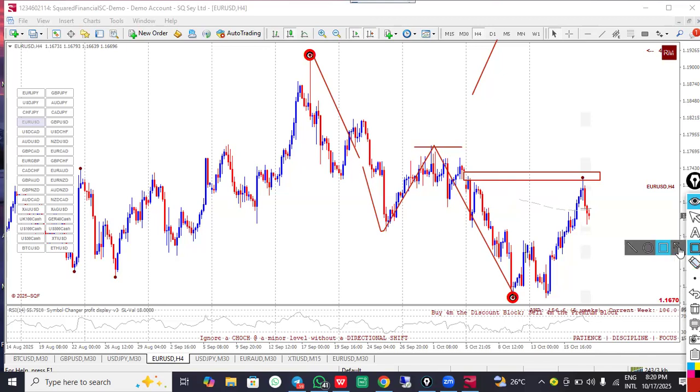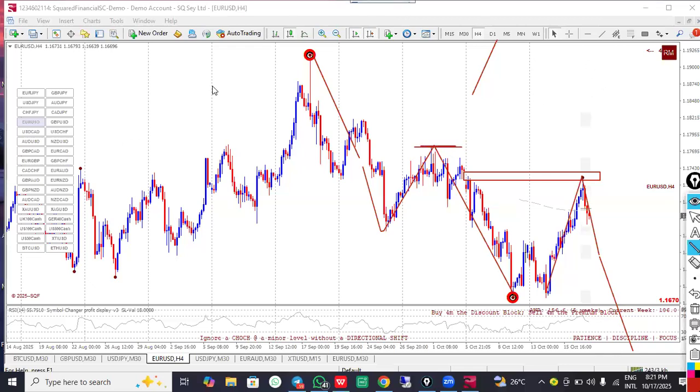So this was the main reason why we considered a possible sell in this market. When this market returned into this area this morning, we started looking out for the possibility of a downside, meaning that if this is a market that must continue to the downside, it's not supposed to get into this level.